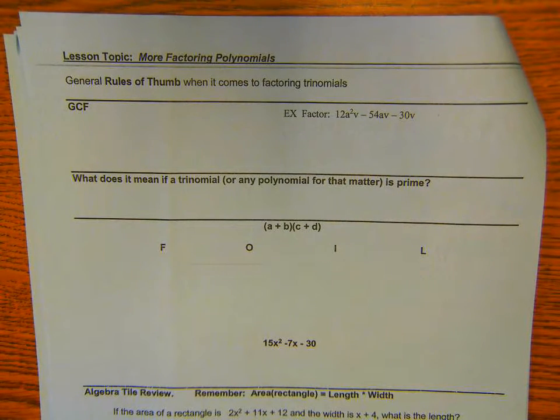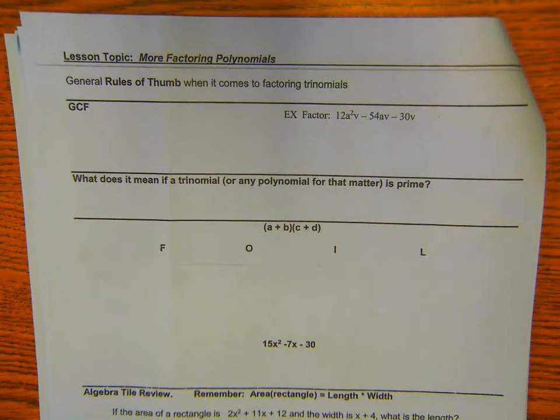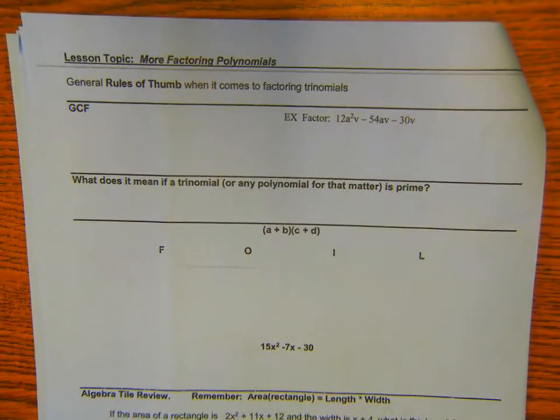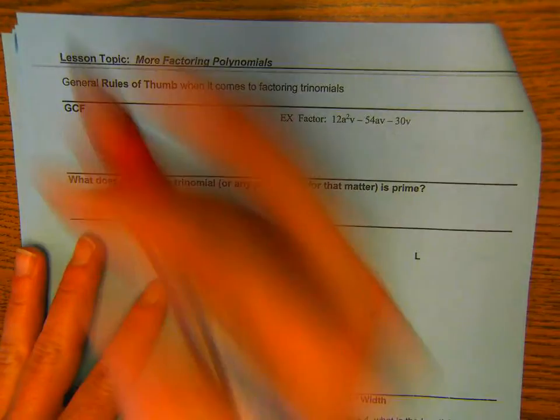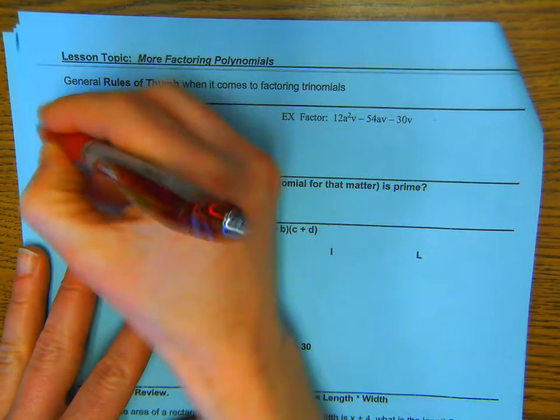So why is it 6a? Why is it not 6a? The last term does not have an a in it, so we cannot pull an a out. Okay, so if 6b is the GCF, let's first take that out.